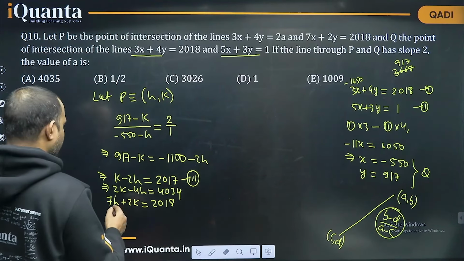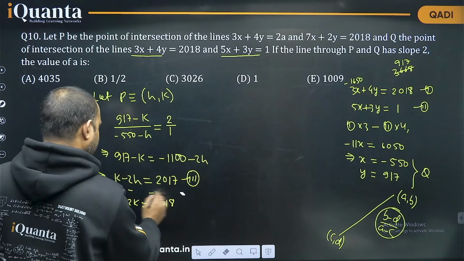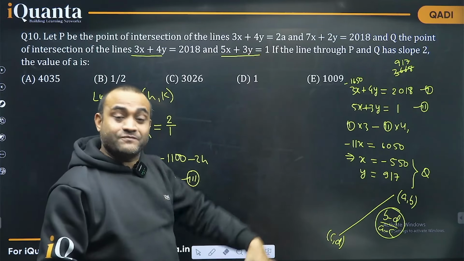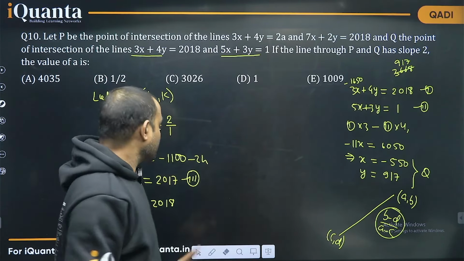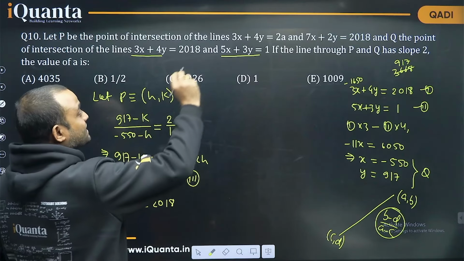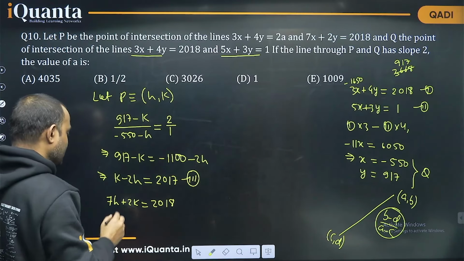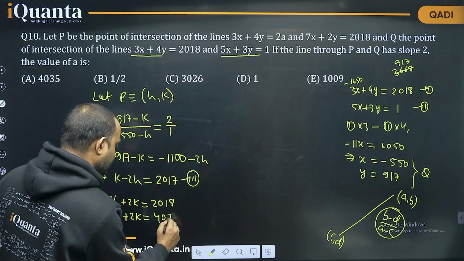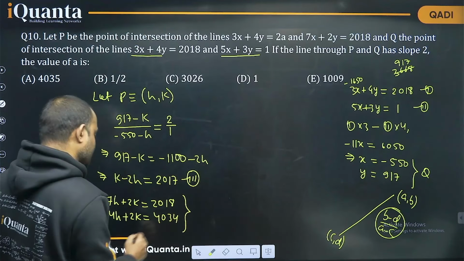Now we know that when we get the value of H and K from here, we need to put that here and then find the value of 2a, correct? So is there anything that we can do directly to find some relation between 3x and 4y? See, when you write this as minus 4H plus 2K is equal to 4034, and you add these two, what are we getting?